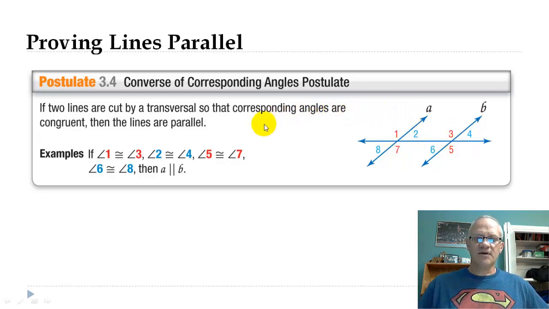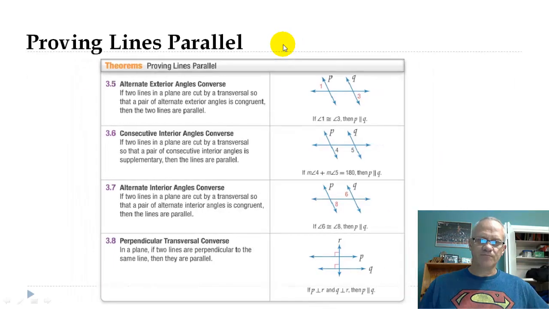All that's happening here today is we're saying, hey, we don't know that these are parallel, but if we know that angle 1 is congruent to angle 3, then we know A and B have to be parallel. Or if 2 and 4 are congruent and they're corresponding angles, then A and B have to be parallel. So the same thing for all of the different corresponding angles. So it's just kind of looking at this from the opposite way that we've done it before. This is called the converse of corresponding angles postulate.